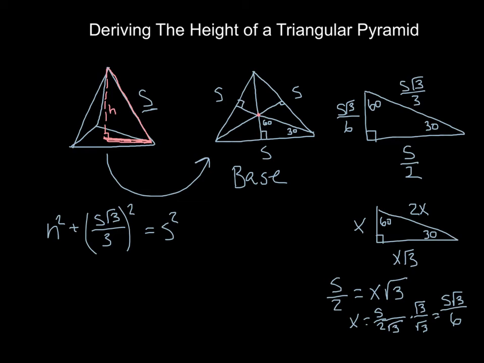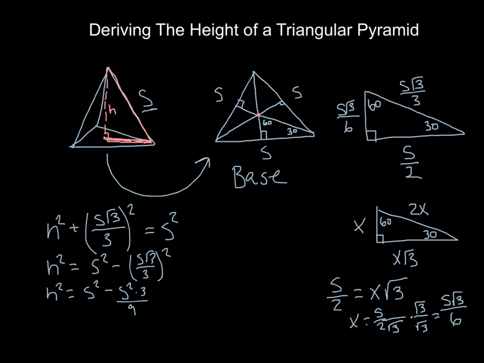So let's do some algebra here and simplify this. I'm just going to subtract everything over. So h squared is S squared minus (S root 3 over 3) squared. Now let's square everything in the parentheses. So h squared equals S squared minus S squared times 3 over 9.